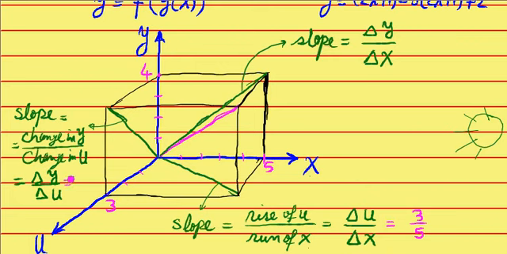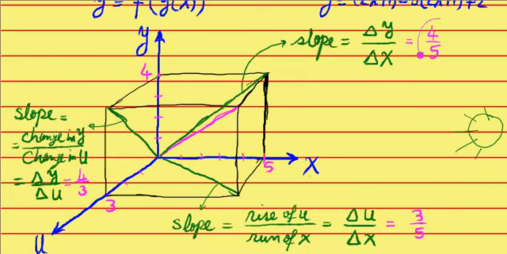How about here? Rise in y versus the run in u is just 4/3. How about this one? Rise in y divided by run in x, that is 4/5.